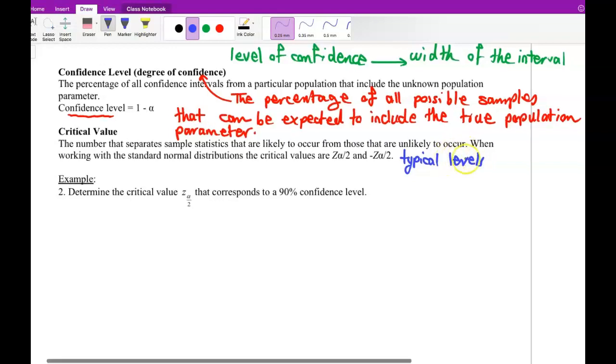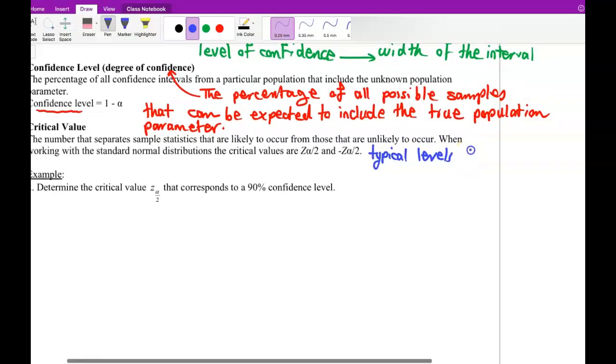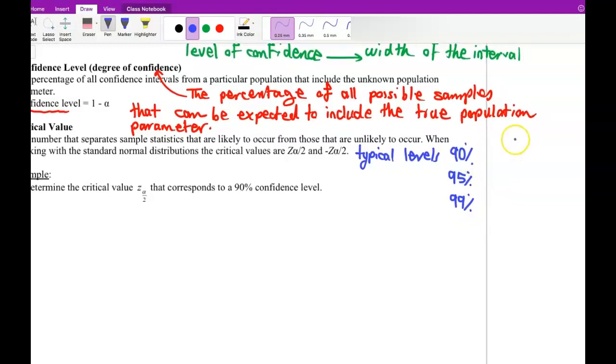So typical levels we use are 90%, 95%, and 99%. Based on this, alpha is equal to 10% here, 5% here, and 1% here.